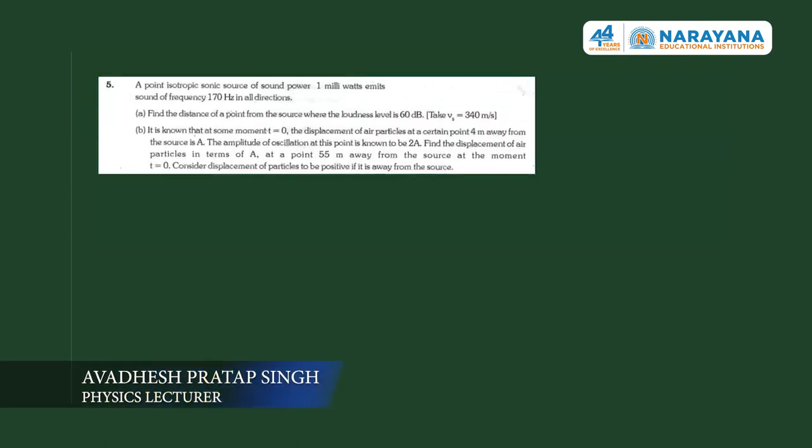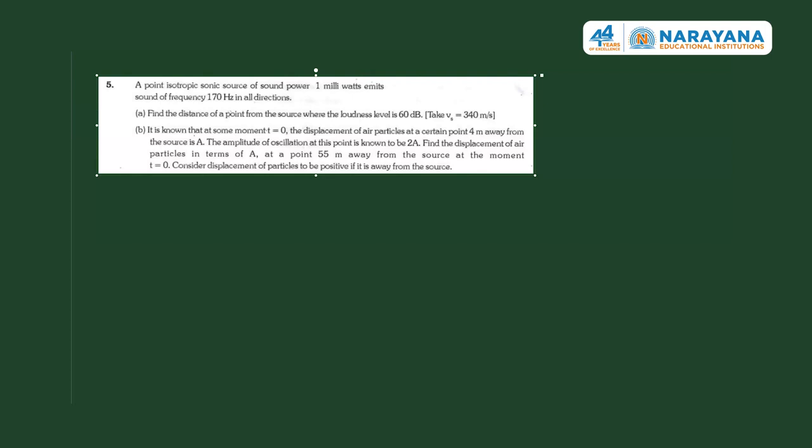There is a point isotropic sonic source, which is having a power of 1 milliwatt. It emits sound of frequency 170 hertz in all the directions. So there are a few things, and basically I'm interested in the B part of the problem, which we need to analyze.